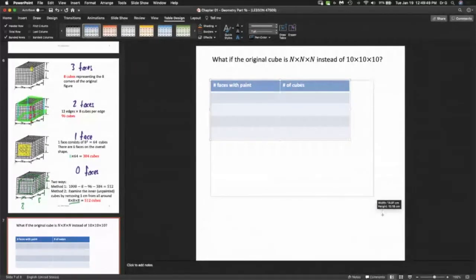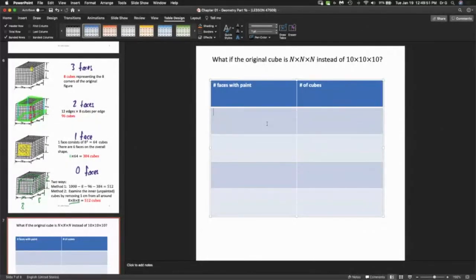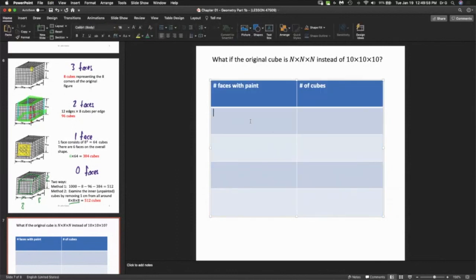I think you will appreciate this. I've shown this in class before, and students have been very excited to see this. So we can have 3 faces, 2 faces, 1 face, or no face. If it's 3 faces, the answer is always 8, because it doesn't matter how big or small the cube is, it's always going to have 8 overall corners.